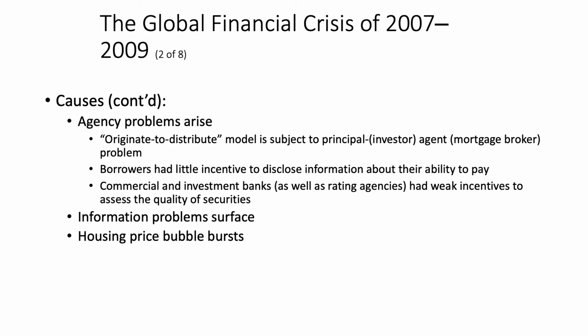So they switched to a model of originate and distribute, where they would make the mortgage, cash in the bonus, and then cash in the money from selling the mortgage-backed security, which meant that they no longer held the asset on their balance sheet. And since they no longer held the asset, they could issue another mortgage and another mortgage and another mortgage. Their profit was being made by issuing mortgages, packaging them in securities, and then selling that risk off to other parties.